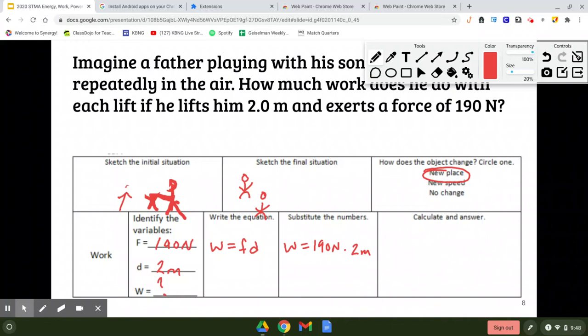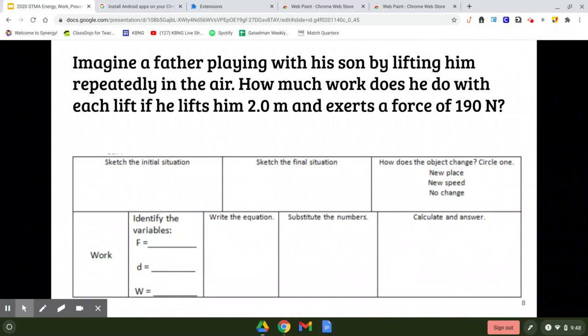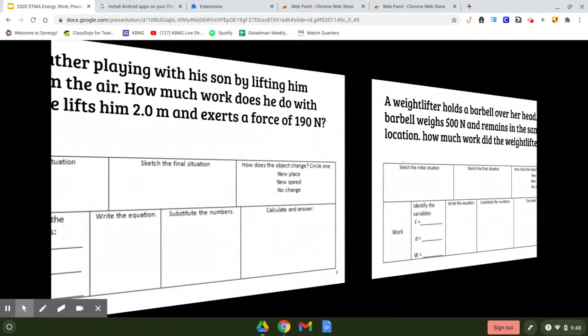And when we punch that into a calculator, we get an answer of work equals 380 joules. So one more practice problem, and then we'll be done for the day.